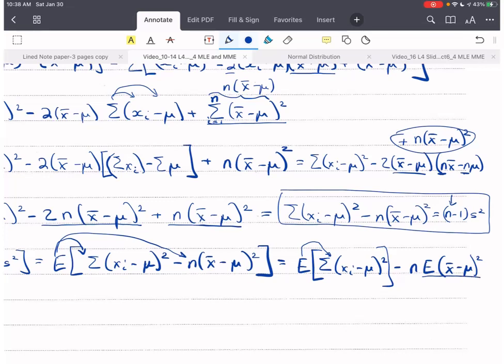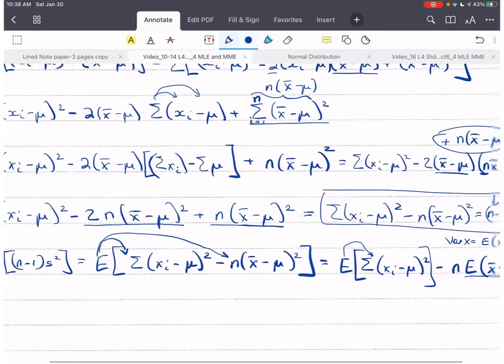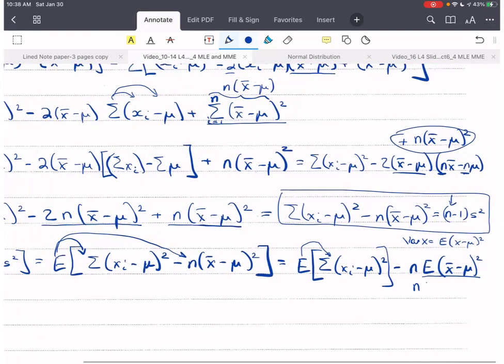Okay, and I should know what this is equal to. So these are constants. So I can look at this and remember that the variance of x is equal to E of x minus mu squared. So this is E of x bar minus mu squared, so this has to be the variance of x bar. So this is n variance of x bar here.